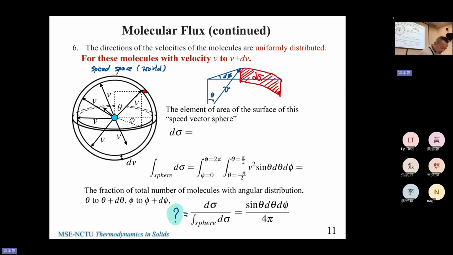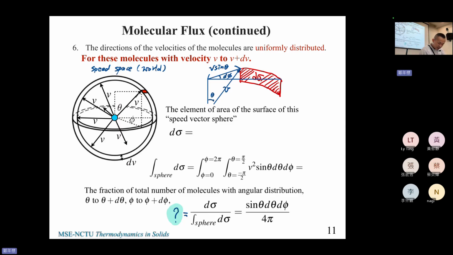Okay, and you can see that, let me take a look. This length is v sine theta, right? V sine theta.